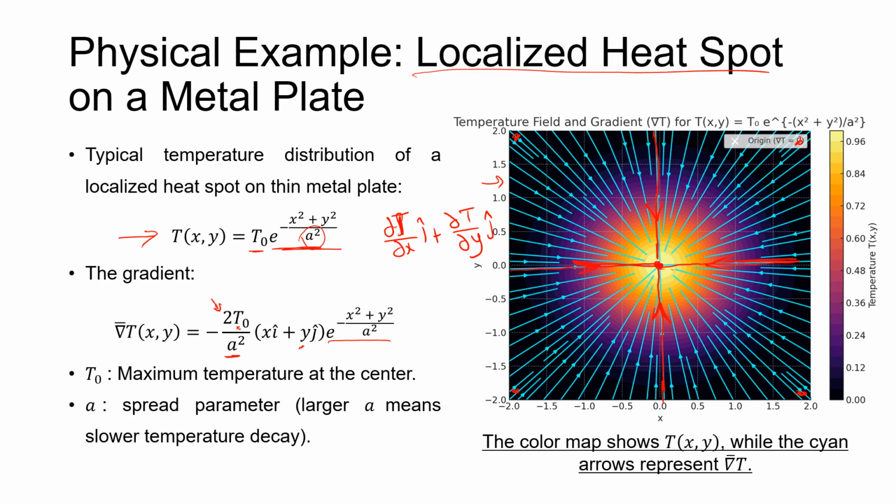And if you have arbitrary values of x and y, you will find yourself again pointing to the point of maximum here. So the gradient is pointing to the heat spot which was causing the heating. And as we said in the previous slide, your heat flux Q is equal to the negative of this gradient, so your heat will flow in the opposite direction.